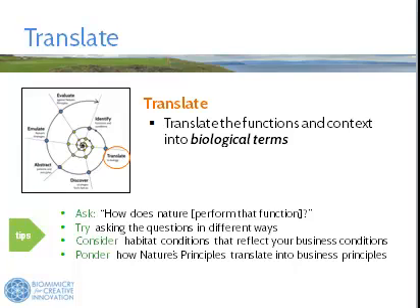For example, we talk about being in a growth phase, so consider habitat conditions that are in a growth phase. And at this stage, it's a little early, but you can start pondering how nature's principles translate into business principles. We'll officially do that when we get to the evaluate stage, but it's kind of nice to start thinking about them now too.